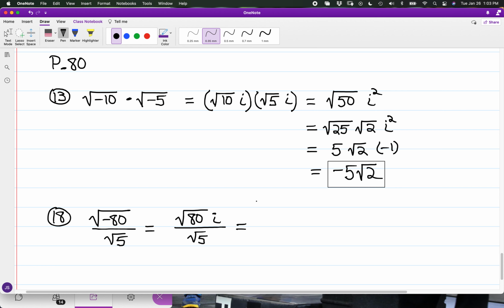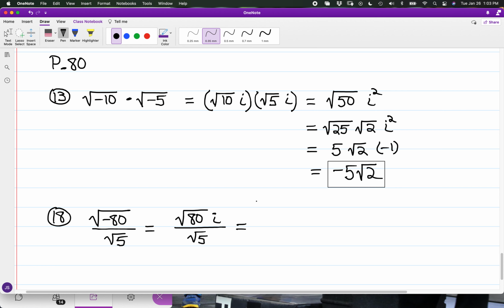If I branch out, the square root of 80 is going to be the square root of 16 times the square root of 5. Again, we have i alongside it, and we have all over the square root of 5. And notice we have like terms between the numerator and denominator, so we can get the square roots of 5 out.